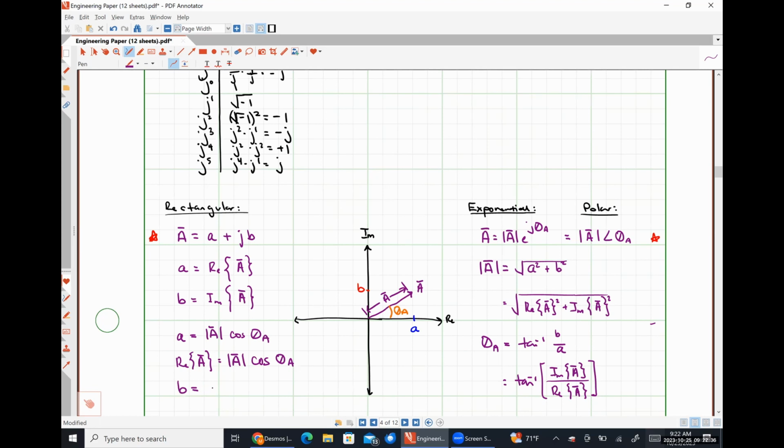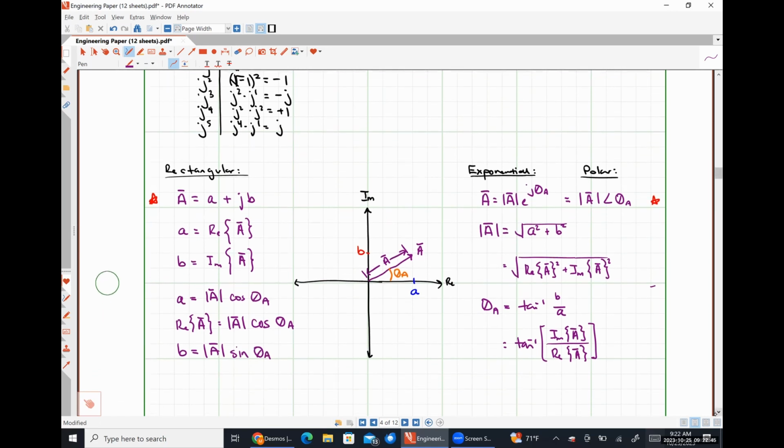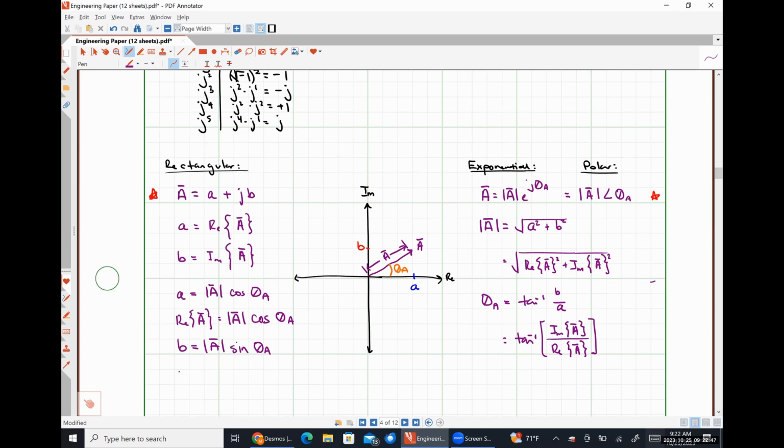Lowercase b is the magnitude of A times sine of theta A. Or more formally, the imaginary part of complex number A is the magnitude times sine theta A.